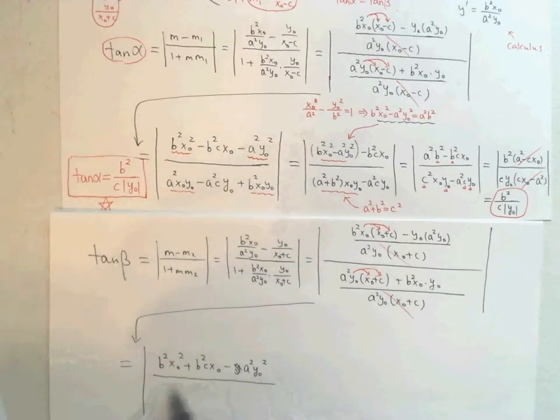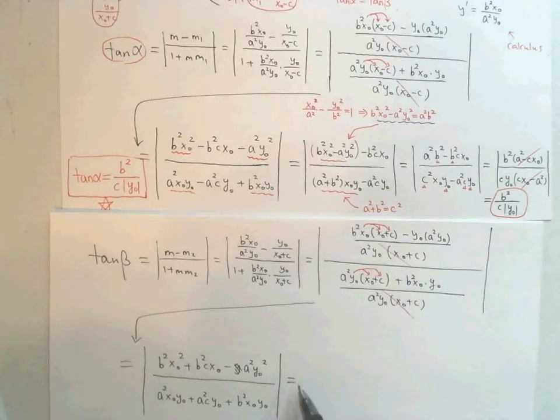The bottom, after distributing, is a square x0 y0 plus a square c times y0, and then plus the last term b square x0 y0.